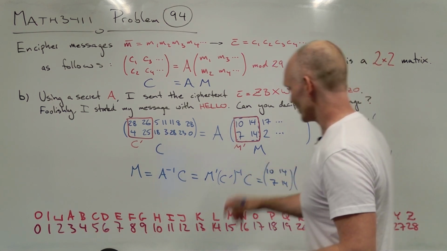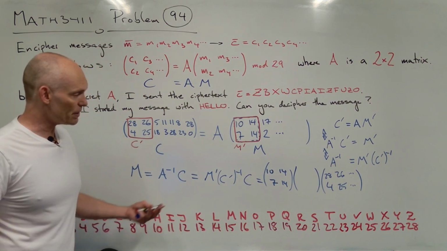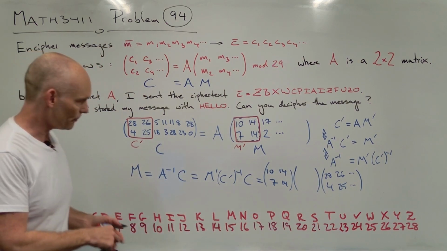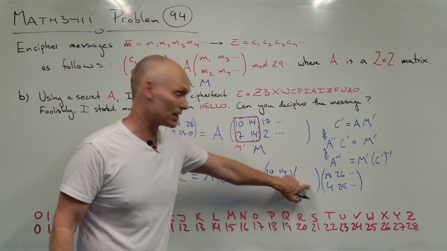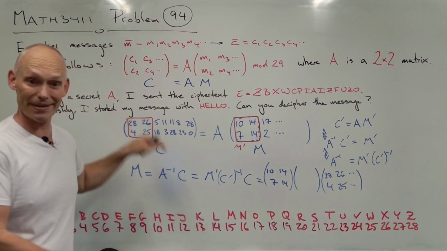So that's what we have to do. There's a bit of work to do, but the first thing to do is to find the inverse of this little C matrix over there.